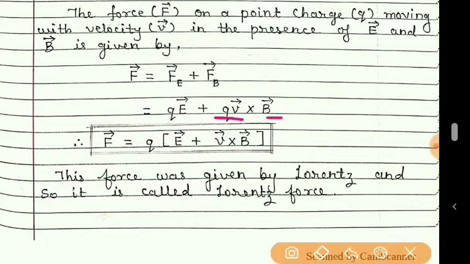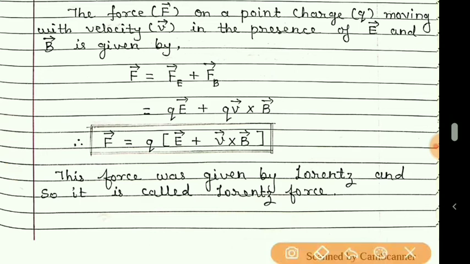QV cross B. Here QV means it is a charged particle having some velocity, and in a magnetic field there exists force on it. So here it is a cross product of these two vectors, meaning velocity vector and magnetic field vector. This cross product gives the force on the moving charge.